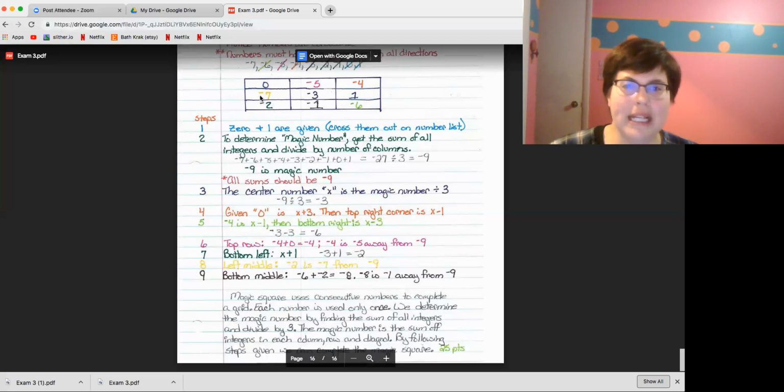Well, we were only negative 7 away. So that's where that comes from. Step 9, our bottom middle is negative 1. And if you want to check this left to right, you should get negative 9 on each row. Each diagonal is equal to negative 9. Each column is equal to negative 9.